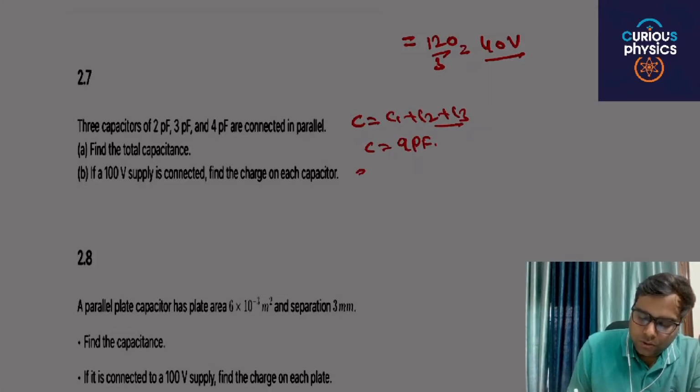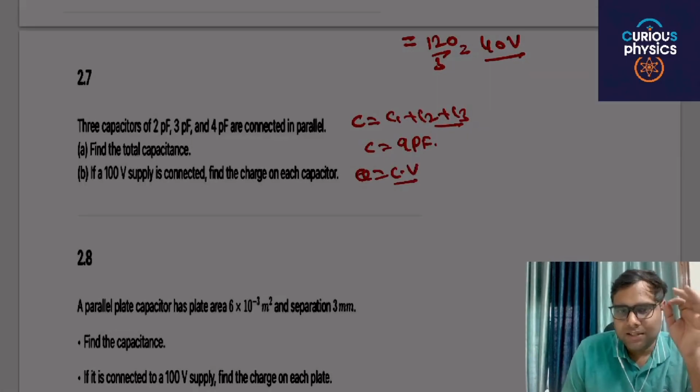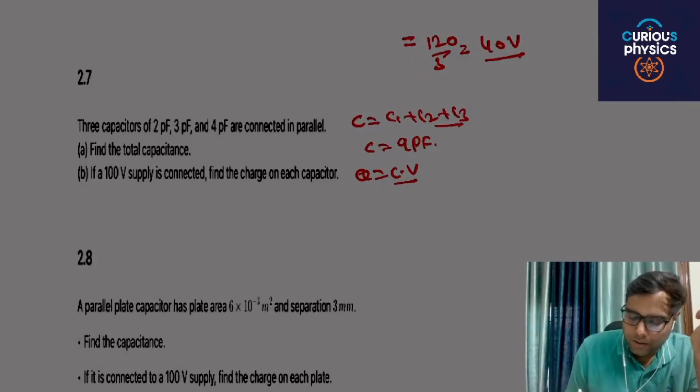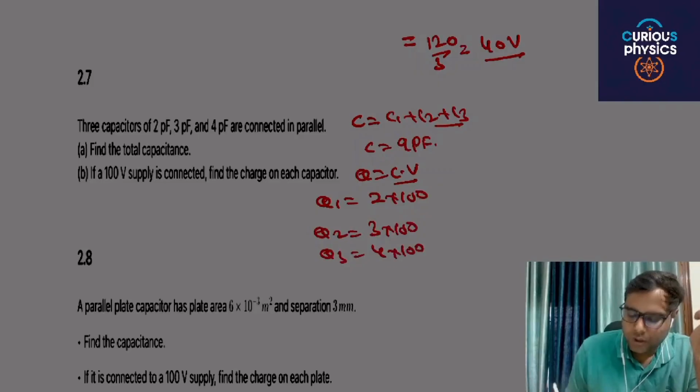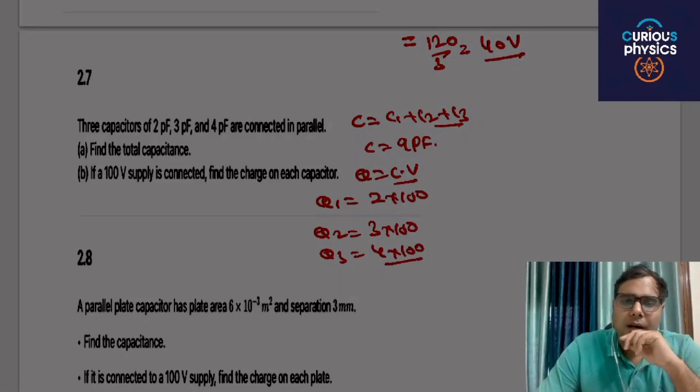Charge is equal to C into V. In parallel combination, potential remains the same across all the capacitors, which is equal to the supply. So Q1 is equal to 2 into 100, Q2 is equal to 3 into 100, and Q3 is equal to 4 into 100. You will get your answer.